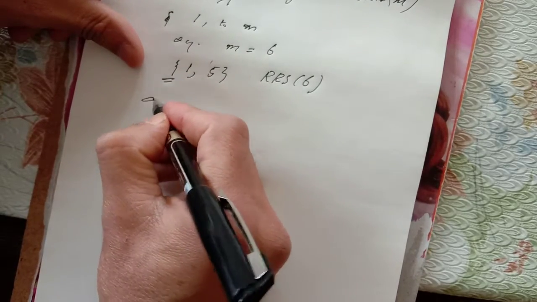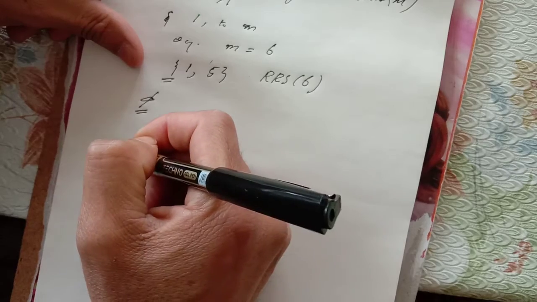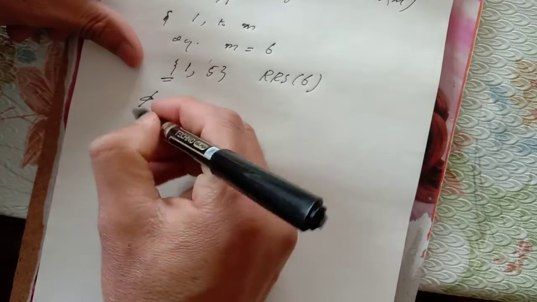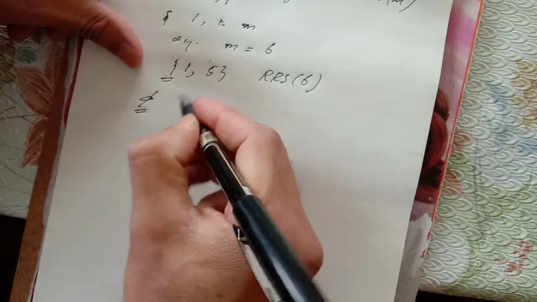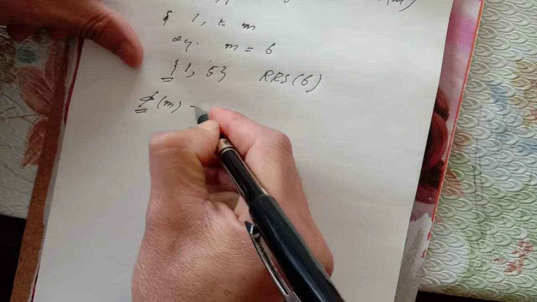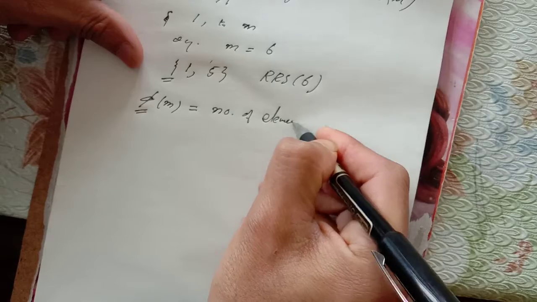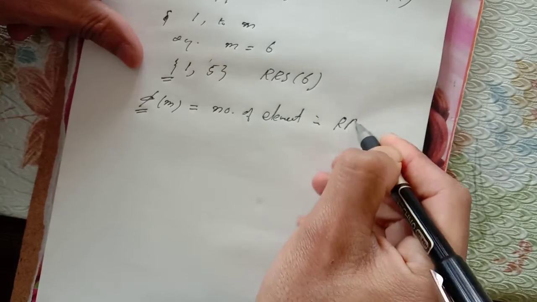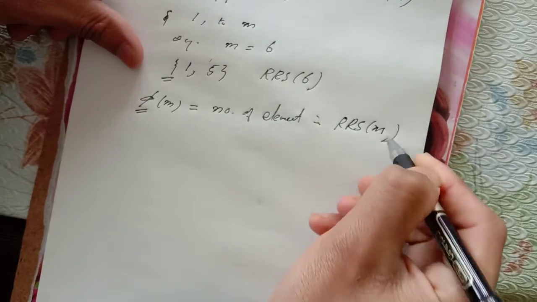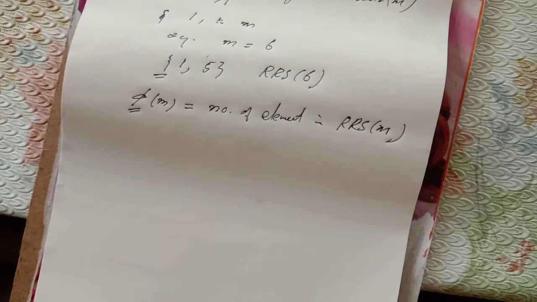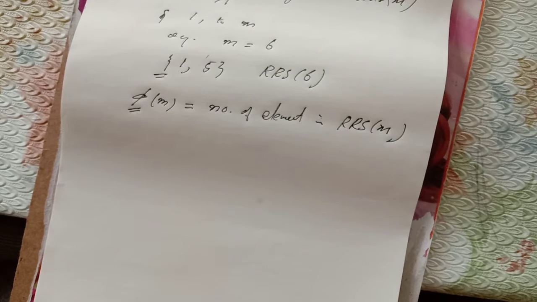It is denoted by phi. It is simply a number theoretical function defined by phi of m is equal to the number of elements in the RRS modulo m. So phi of m is the number of elements in the set RRS modulo m.